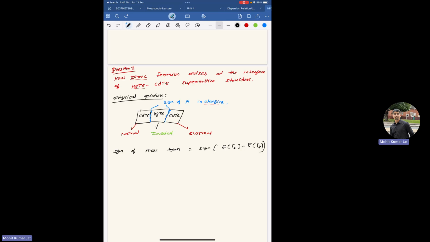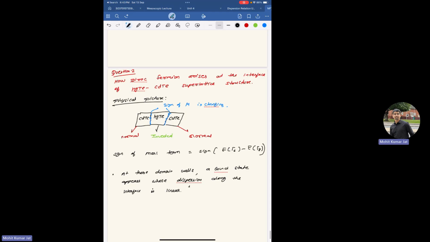These are like domain walls, and at these domain walls a bound state appears whose dispersion along the interface is linear, that is gapless.